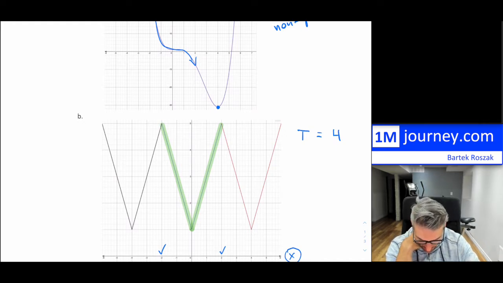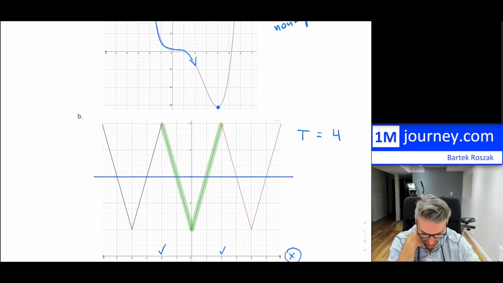Its mid-range would be the middle point. It looks like it's going from 1 to 5, and our mid-range point would be right there. So it's 5 minus 1, which is 4, divided by 2, which is also going to give us the amplitude.